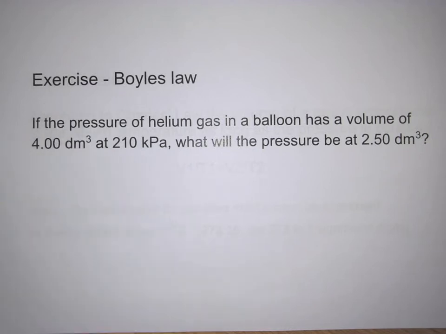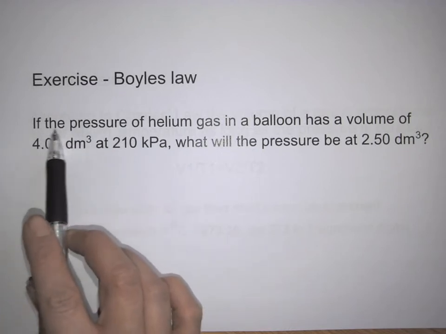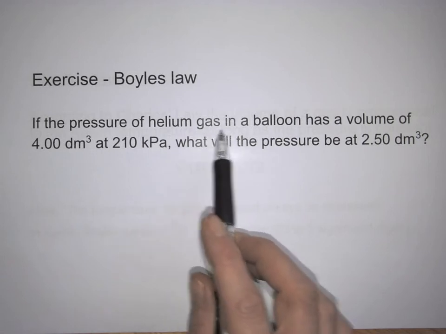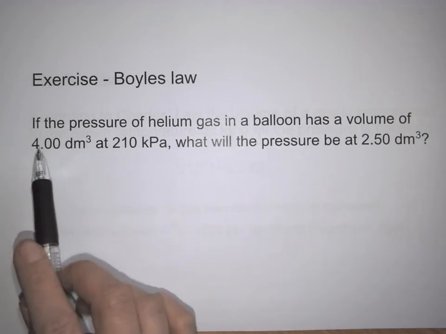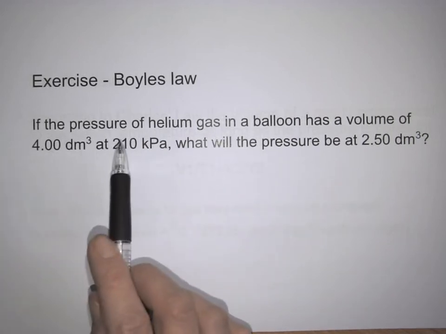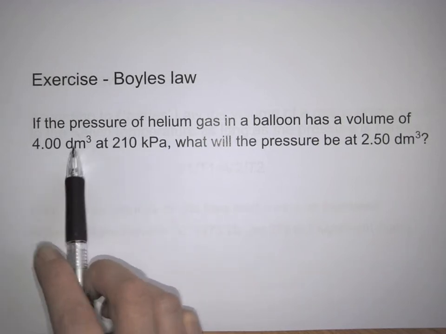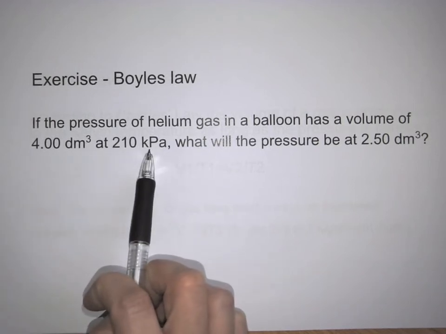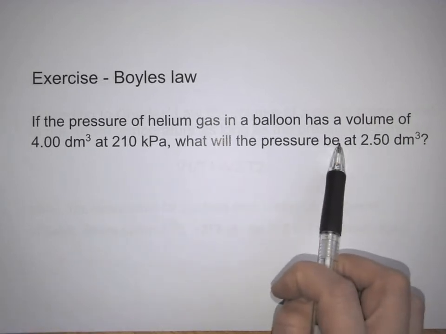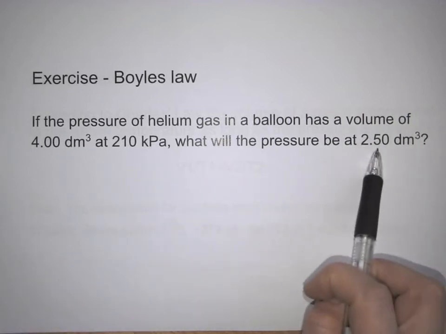So the exercise here: a helium gas in a balloon has a volume of 4 liter at a pressure of 210 kilopascal. What will be the pressure when you have a volume of 2.5?